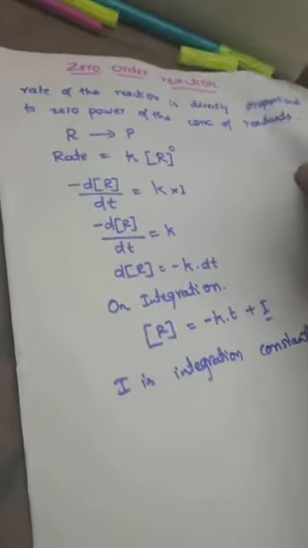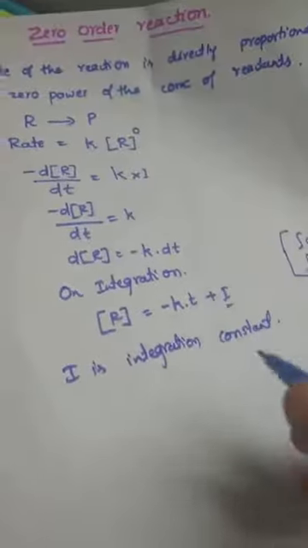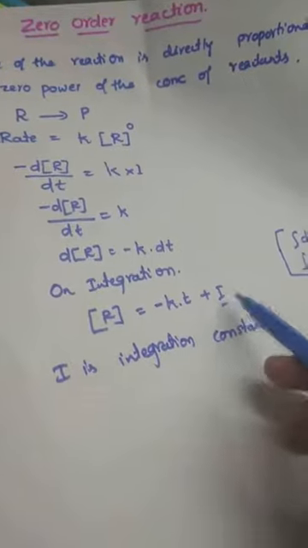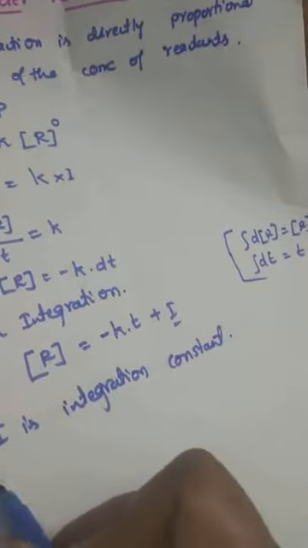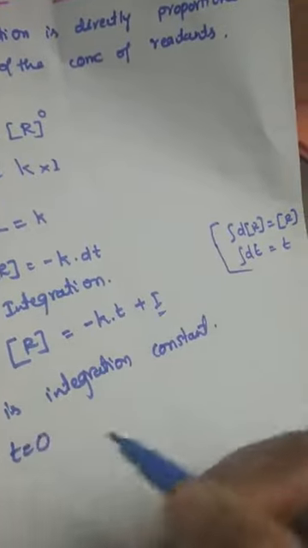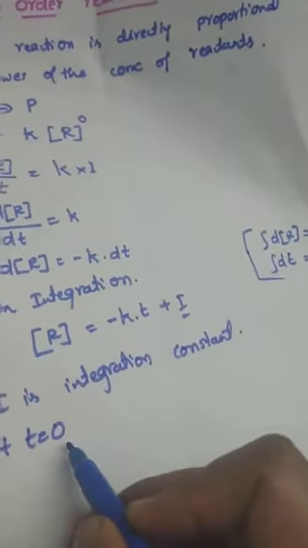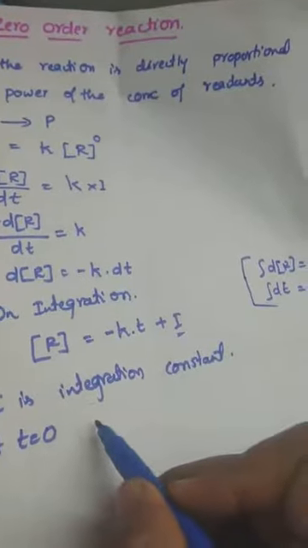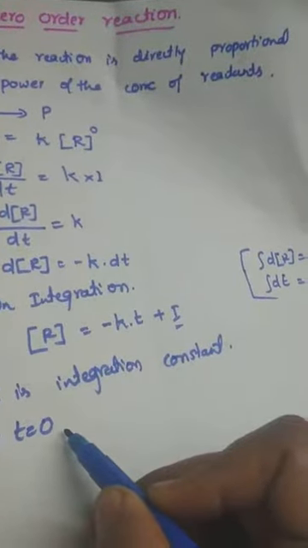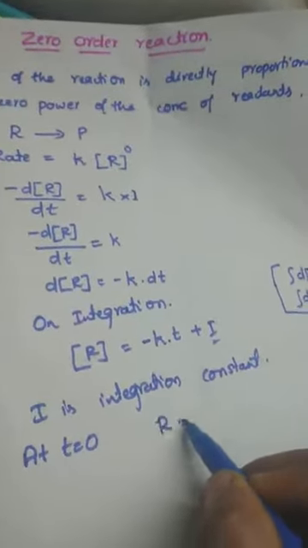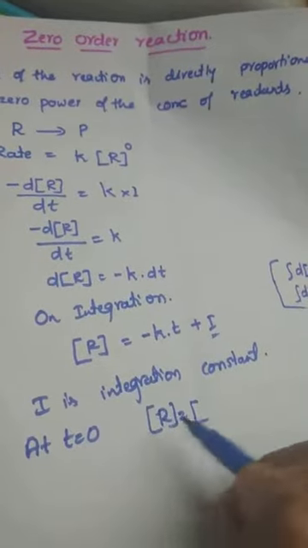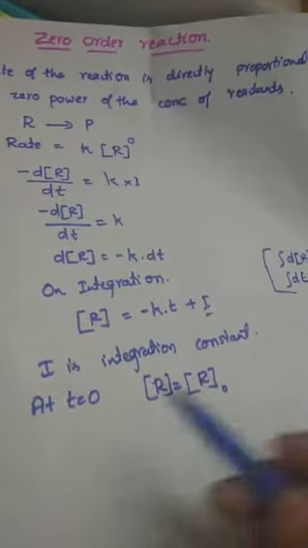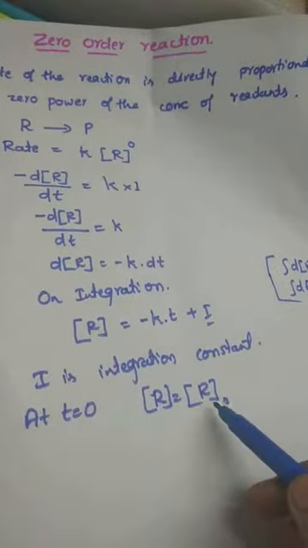Okay, now we have to find out the value of I. How to find it? By taking time t equal to 0, that is, at the initial stage t equal to 0, the concentration of R is equal to R naught.